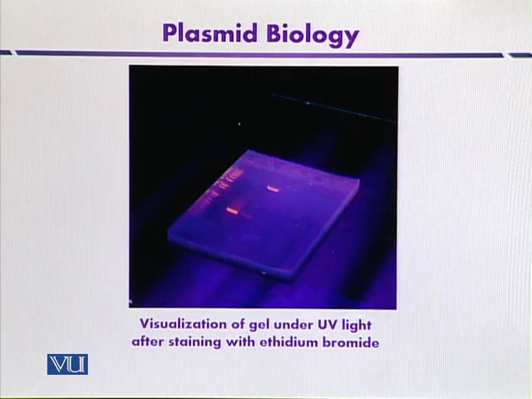This diagram indicates the intercalation of ethidium bromide, and the DNA fragments are visible in the form of orange bands, and this is the ladder that is being run on the gel. This is the visualization of gel under UV light that is stained with ethidium bromide.